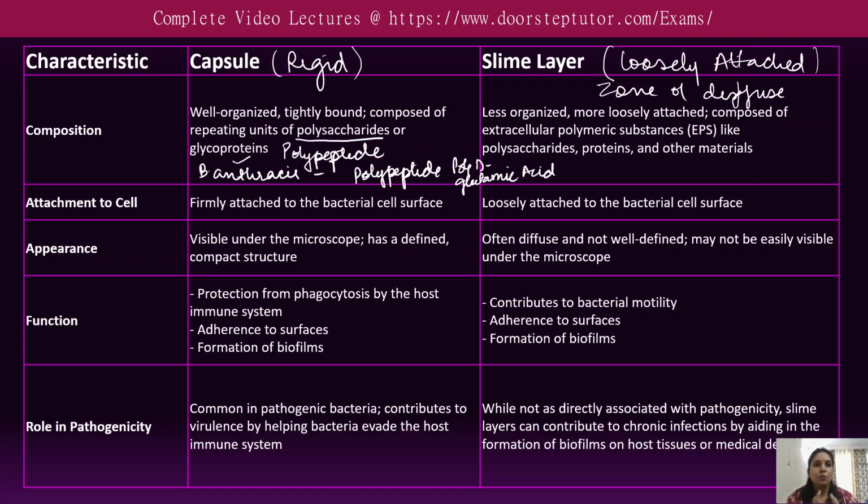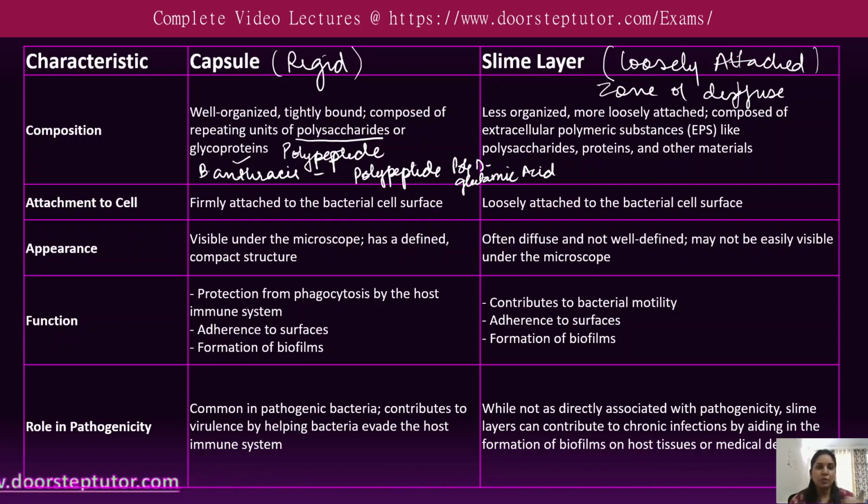And the main role of the capsule is in the pathogenicity to the particular host organism. It means they are responsible for causing infection and for virulence in the host organism. That is why it helps protect the bacterial cell by hiding it from the host immune system.